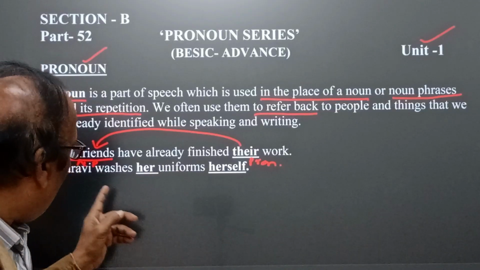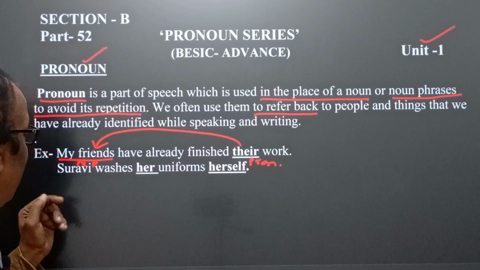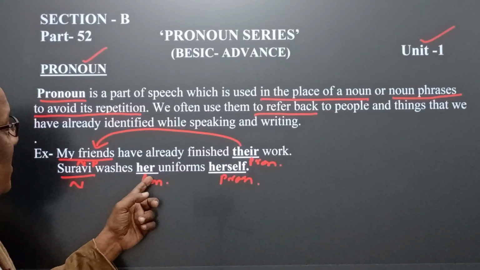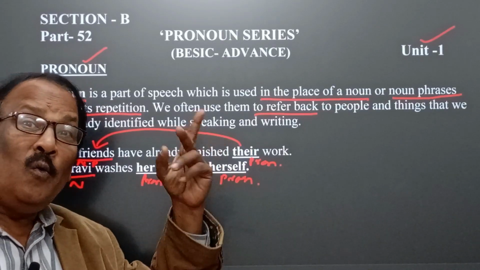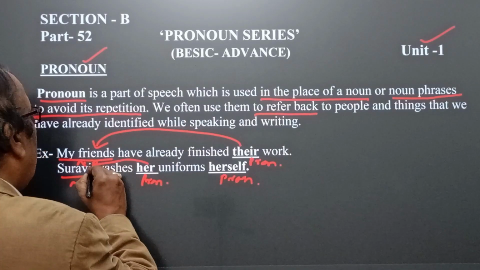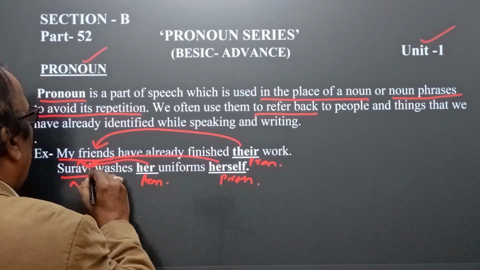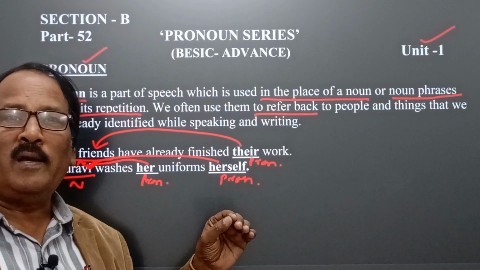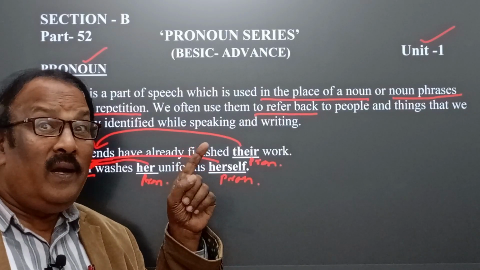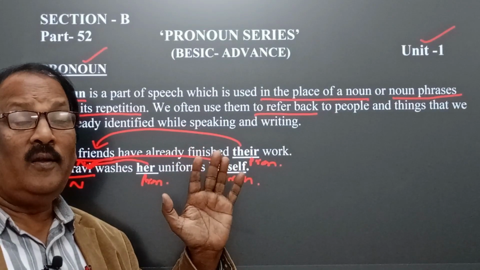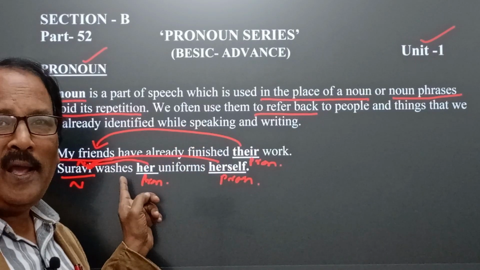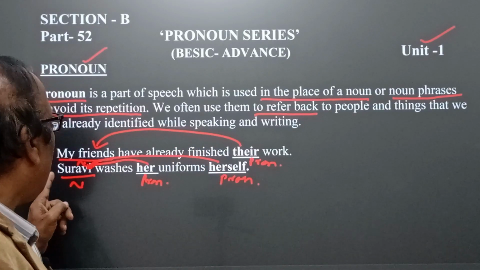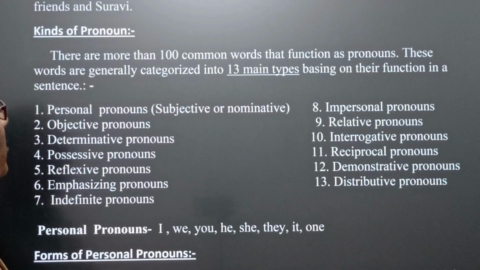Am I clear? Now come to the second example: Surabhi washes her uniforms herself. Here we have two pronouns. Both refer back to Surabhi. These two examples indicate that pronouns play a very important role in identifying the nouns that we have already identified.